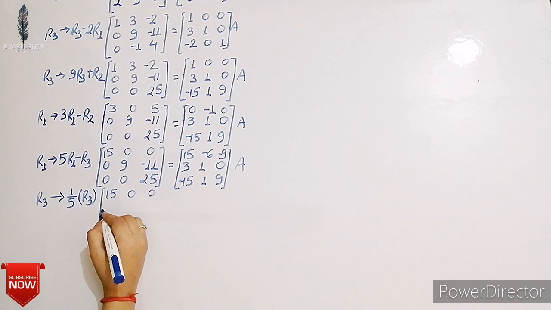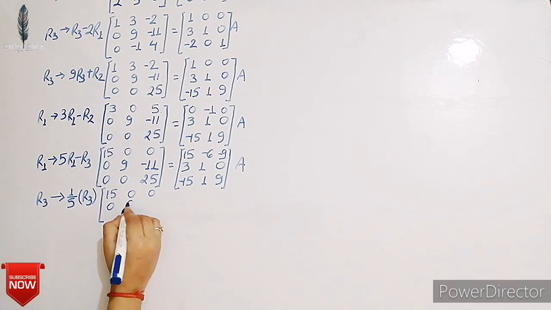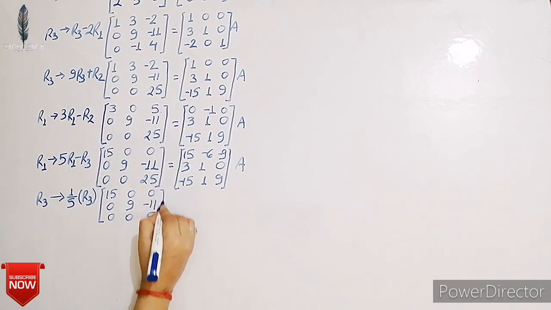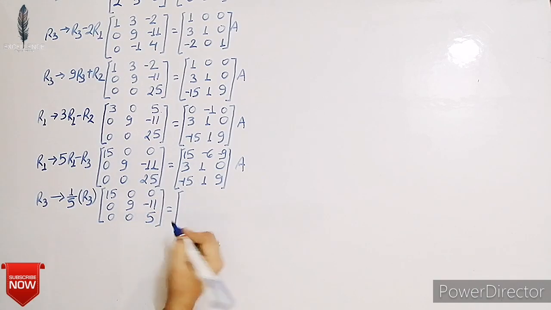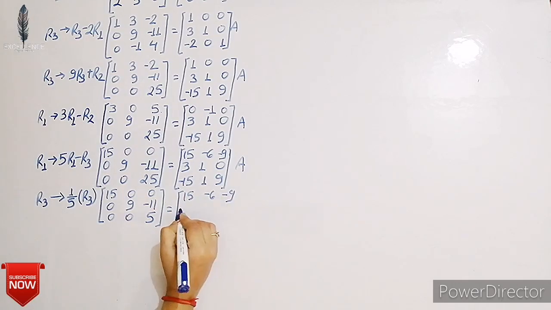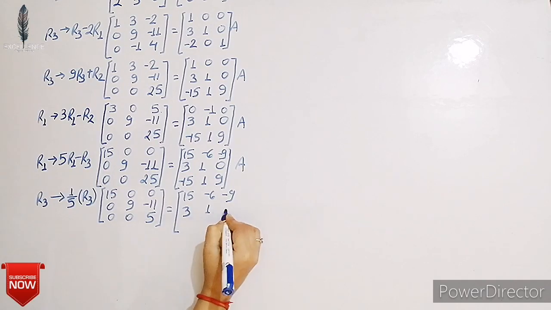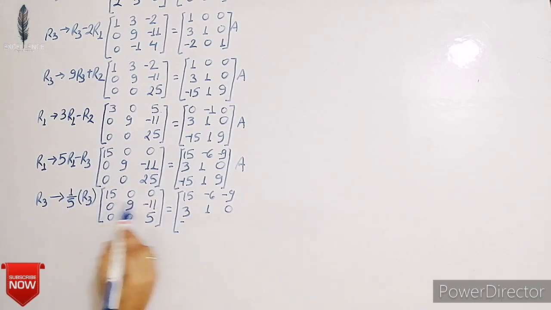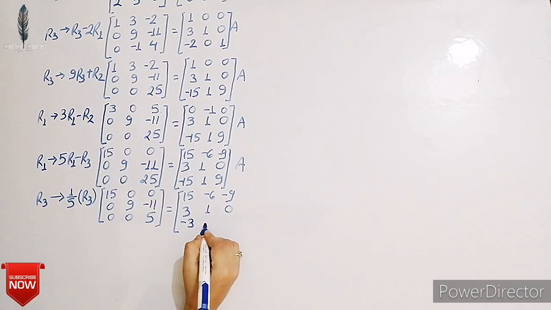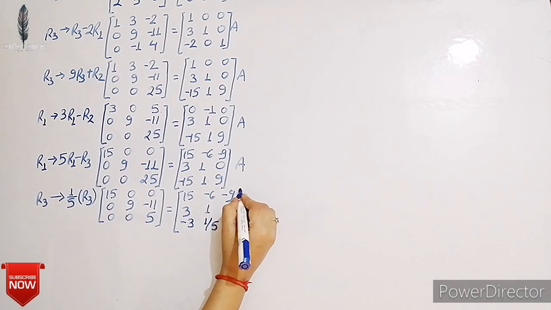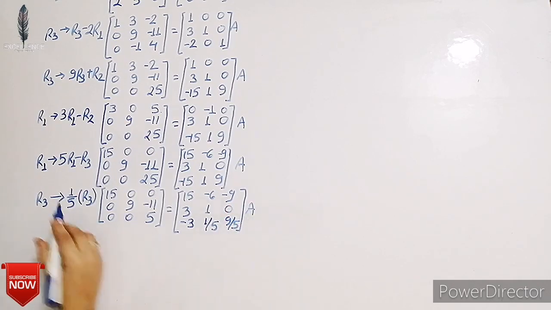R2 is same, that is 0 9 minus 11, and R3 becomes 0 0 5 is equals to, here 15 minus 6 9, that is minus 9, and 3 1 0, and here minus 15, that is minus 15 by 5, so we get minus 3. Here 1 by 5, and here 9 by 5, because 1 by 5 R3. A.